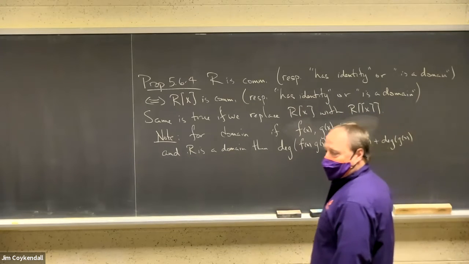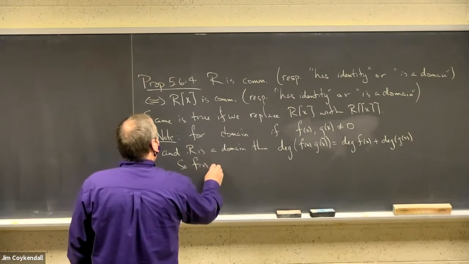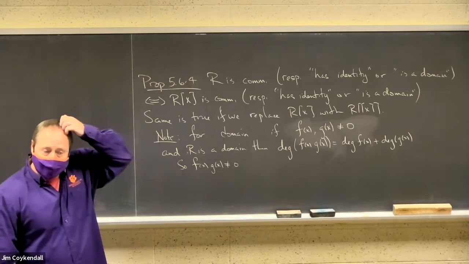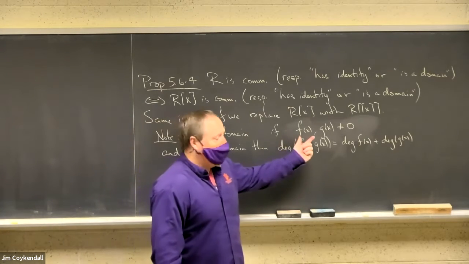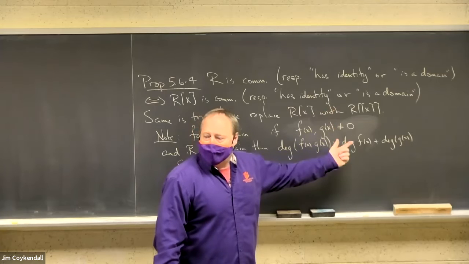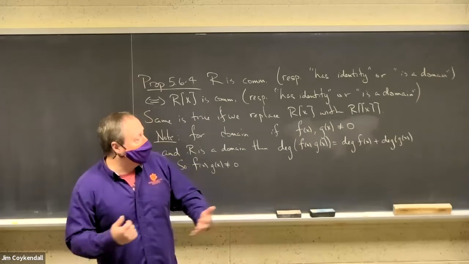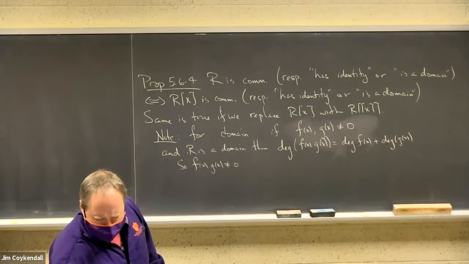This formula holds for R as an integral domain, so f(x)g(x) is not 0. And of course, you could do this more primitively just by writing what f(x) is and what g(x) is, and noticing that when you multiply these out, the leading terms multiply together to give you a non-zero leading term. Okay.